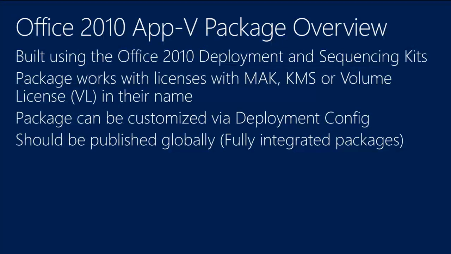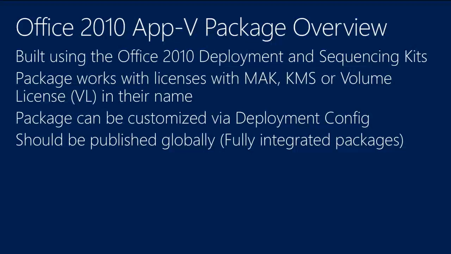I will show you how to use both of those to create an Office 2010 package here in a few moments. Just like with Office 2010 and App-V 4.6, it works with various licensing models. There's no change here from Office 2010 with 4.6. Again, you can customize your package using a deployment config. And the app should be published globally if you're using the fully integrated version of Office 2010.